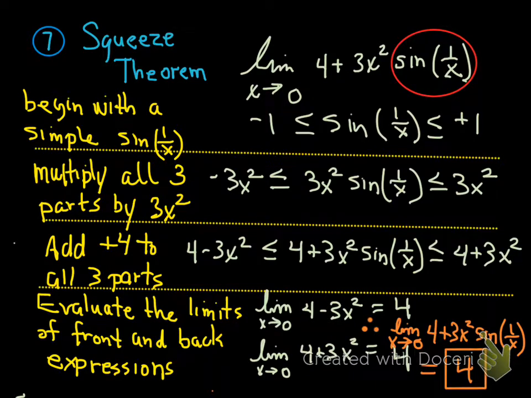As long as we begin with that sine function ranging between -1 and 1, just build upon that, and keep your fingers crossed that you get an identical number far left and far right. Then you can apply that limiting value to the middle expression that is sandwiched or squeezed in between. That's how the squeeze theorem works.